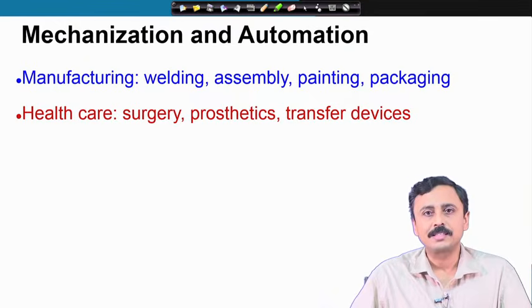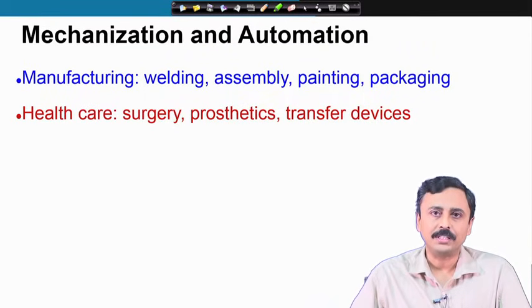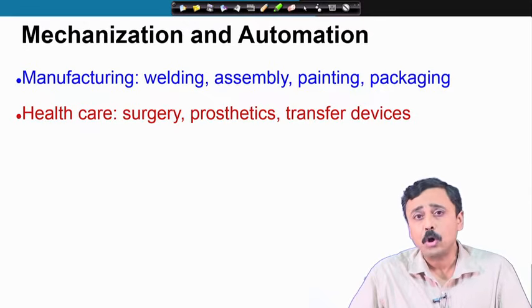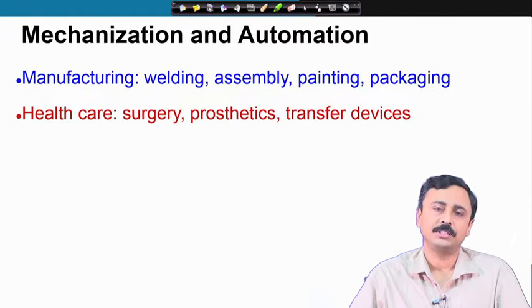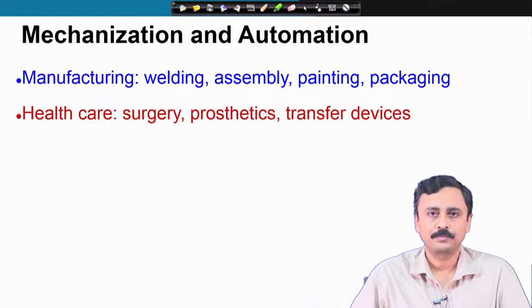Then prosthetics, exoskeletons. You require these exoskeletons for helping a person with possible disabilities, or to enhance the capability of a person in lifting, let us say, loads or performing activities which will require a lot of force.